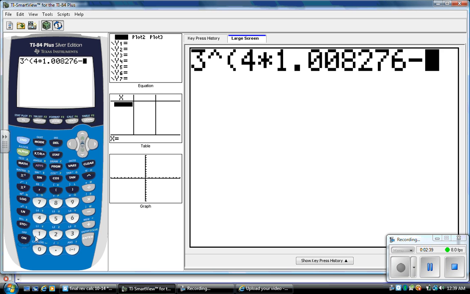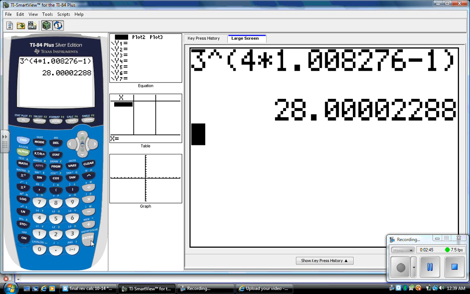Now again, I rounded this, but it should be real close to 28. Okay, there we go. 28 with 4 zeros after it. That's pretty close. So it does work. So you can check these. I'm not going to do it on all these, but you can check a lot of this stuff.